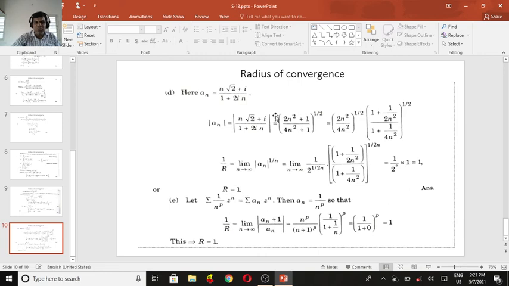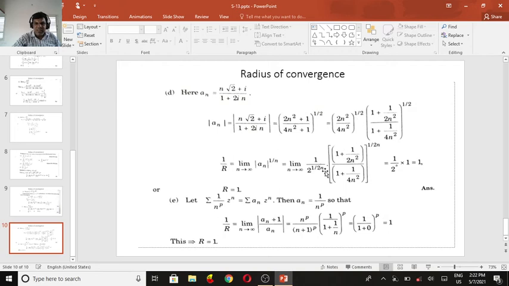So if you simplify, 1 by r is equal to the limit as n tends to infinity of |a_n| whole power 1 by n. Taking 2n square common and 4n square common, whole power 1 by 2, you get (1 plus 1 by 2n square) whole power 1 by 2, divided by (1 plus 1 by 4n square) whole power 1 by 2. Simplifying, 1 by 2 is left, n square gets cancelled, and we have 1 by 2 whole power 1 by n.